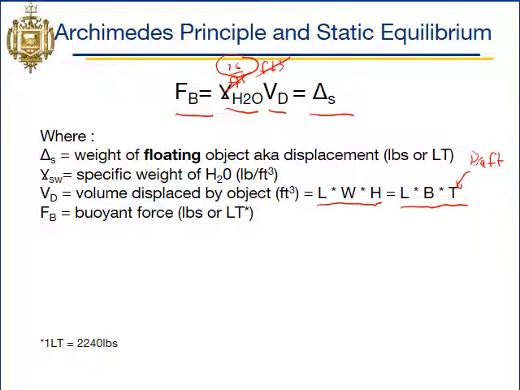So the length times the beam times the draft gives you the volume displaced. And we know generic values for gamma H2O, so we can figure out the weight of the ship and also the buoyant force acting on the ship, right? Because the buoyant force is what's holding it up, and the weight is what's trying to drag it down, and those have to be equal and opposite for our ship to be in static equilibrium.